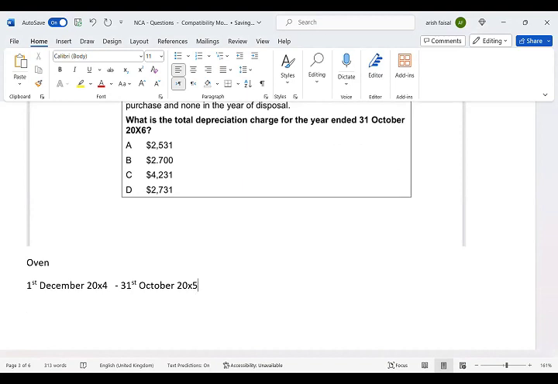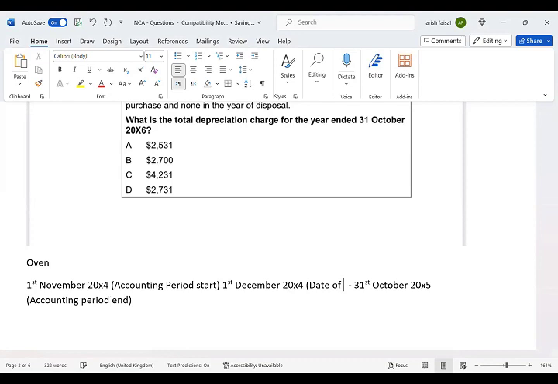So I'll write it down over here that this is the accounting period end. This period would have started from 1st November 2014, so that's the accounting period start you have. And this 1st December 2014 is the date of acquiring the oven, the asset.